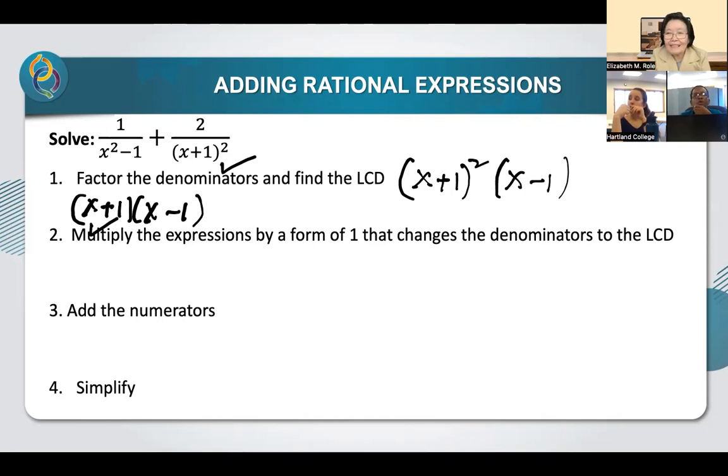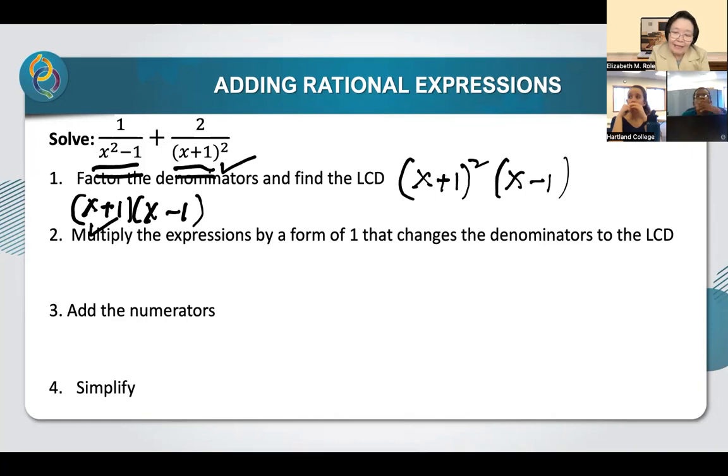So this is now our LCD. Is that clear? x plus 1 squared is the LCD, times x minus 1. So if I have x plus 1 times x minus 1 as the factors of this, and of course this one is already factored as x plus 1 squared. So there's x plus 1 squared there, and there's another x plus 1. Don't repeat the other x plus 1 because x plus 1 can already divide x plus 1 squared.